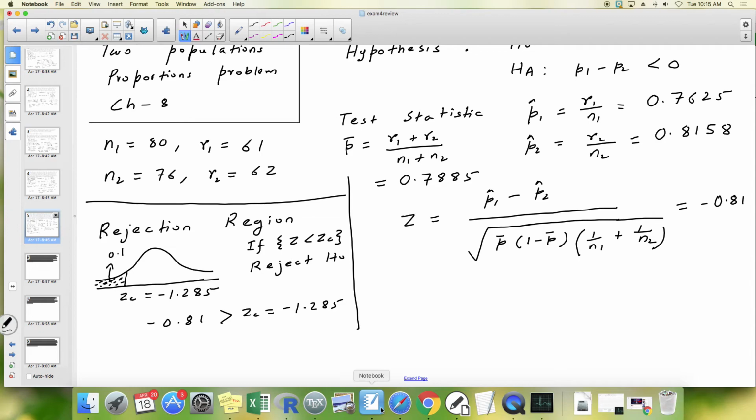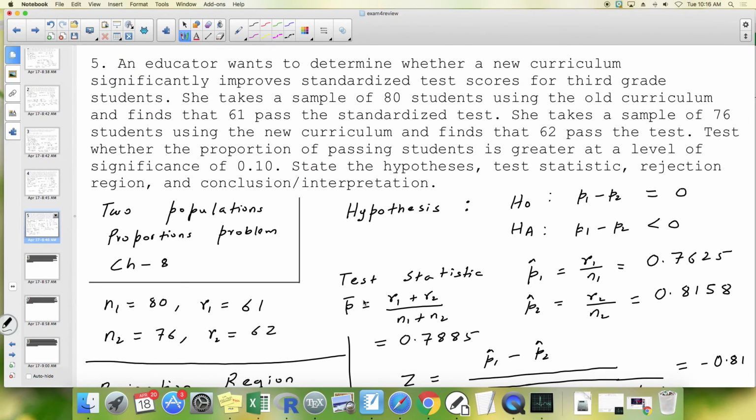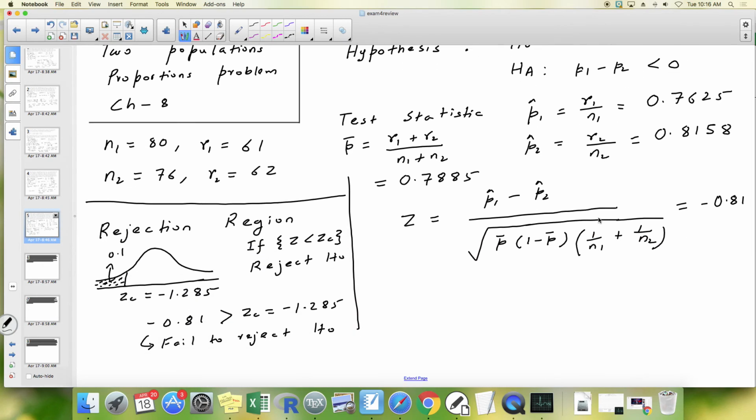So we fail to reject H0, which means we have failed to prove HA, which means we have failed to prove that the new curriculum improves score.